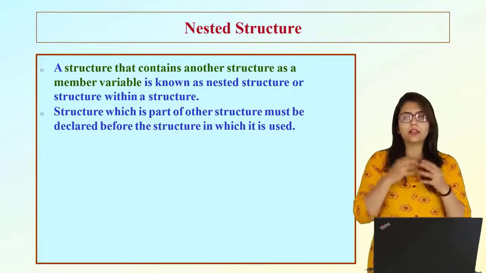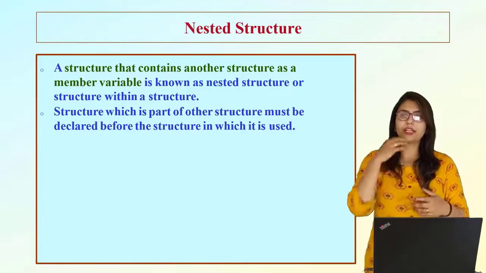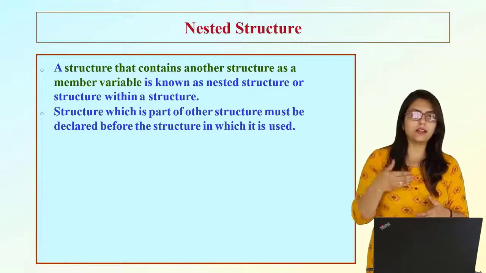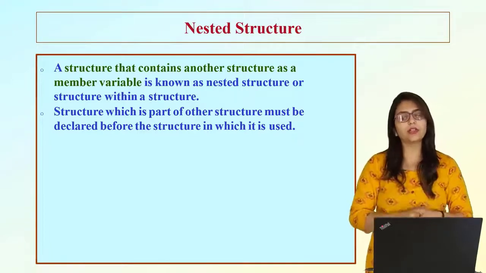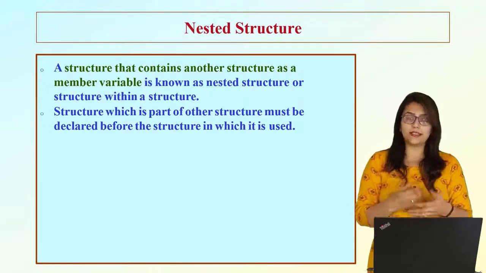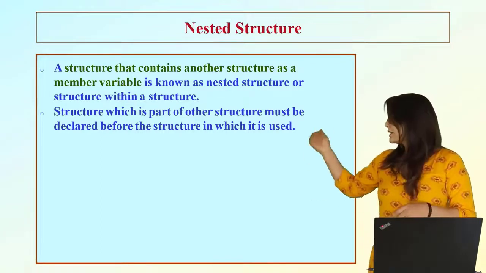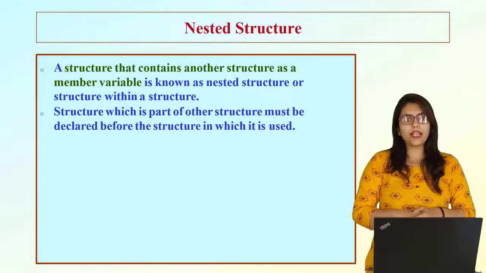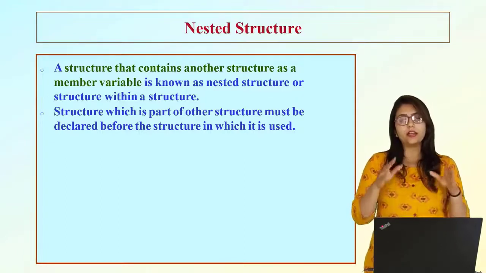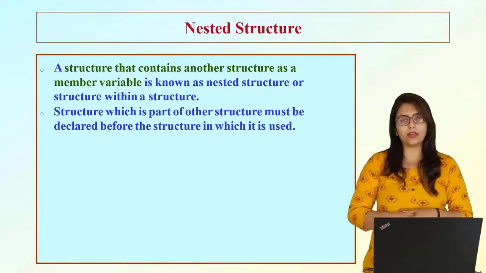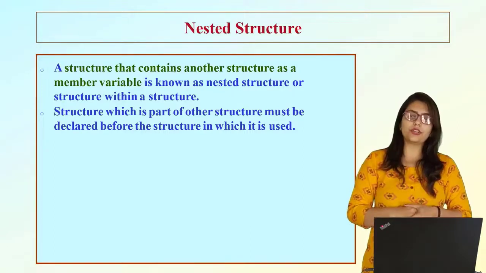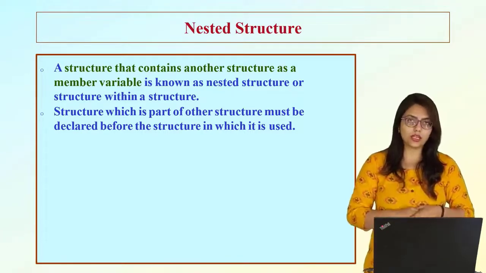If you are creating one structure and using that structure inside another structure as a structure member, then it is known as nested structure, and that is possible in case of structures, right? As you can see in the definition, a structure that contains another structure as a member variable is known as nested structure, or structure within a structure.